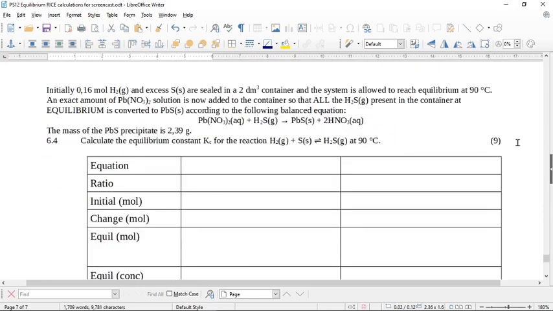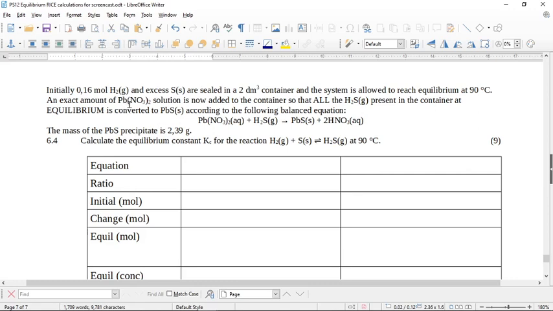The first thing I saw when I looked at this is that this calculation is 9 marks. Usually these calculations are 7 marks. So if there's 9 marks, there must be another step in here. Initially 0.16 moles of hydrogen and excess sulfur are sealed in a 2 cubic decimeter container and the system is allowed to reach equilibrium.